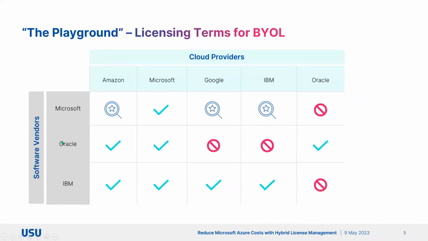On one side, you see here some of the biggest software vendors in the world. And at the top, you see the biggest and most important cloud providers. We might be missing Alibaba Cloud here and others, but this is just a simplification to show that some of the big software vendors have their own clouds, you know it.